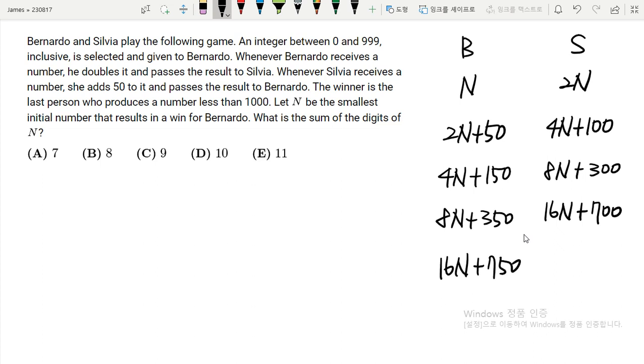And then when this number is greater than 1000, in such a case Sylvia loses. So Bernardo, because this number is still less than 1000, is the winner.